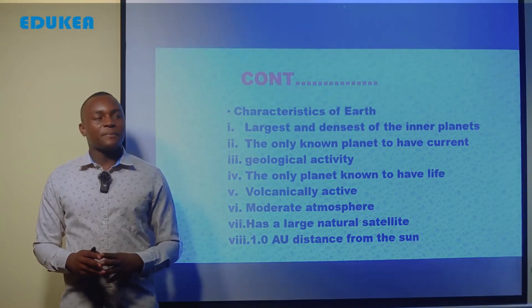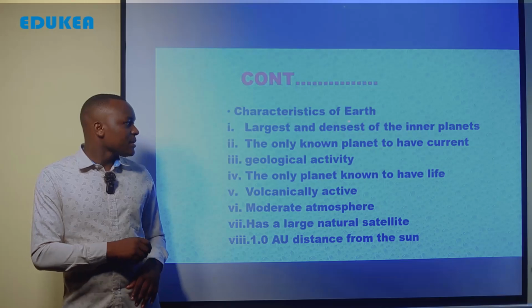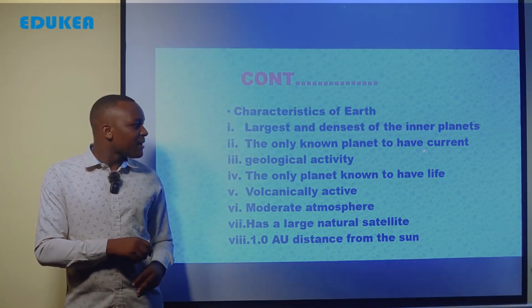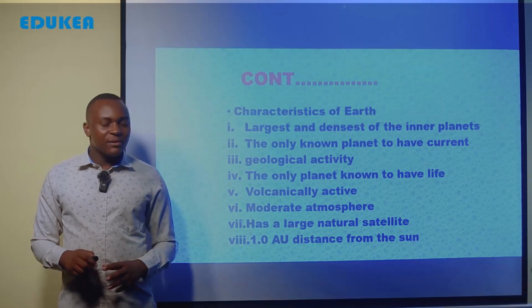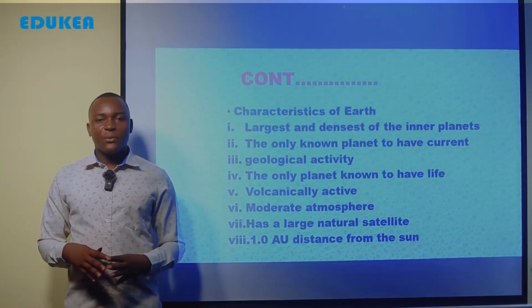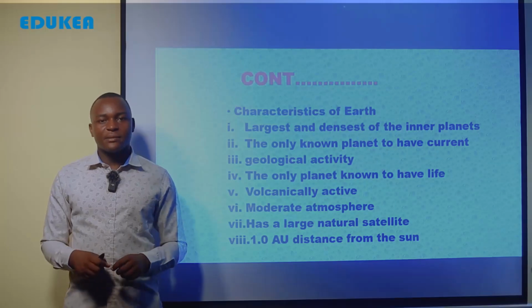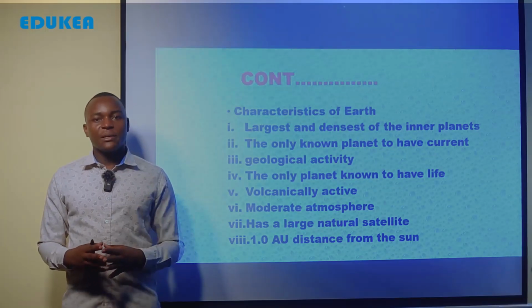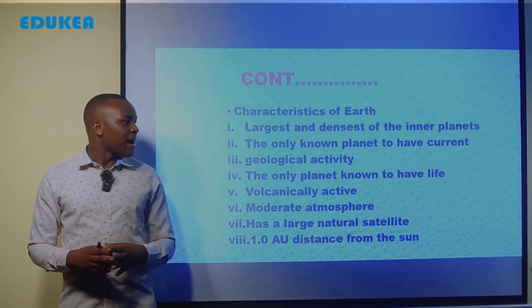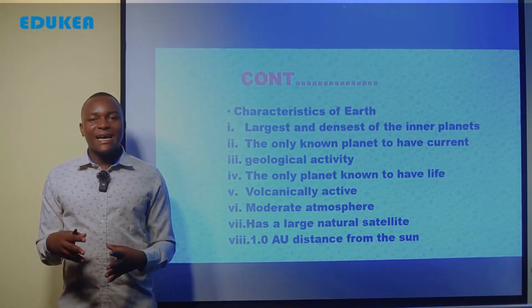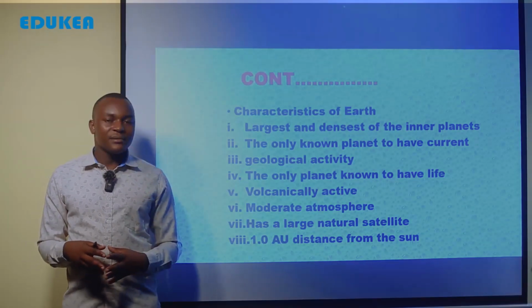We say that it is the only known planet to have current, kwamba sayari ambayo inajulikana kuwa ina umeme, it is our planet, the Earth. We say geological activity, meaning within the Earth there are geological activities.